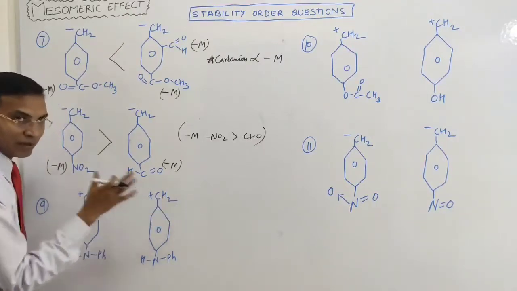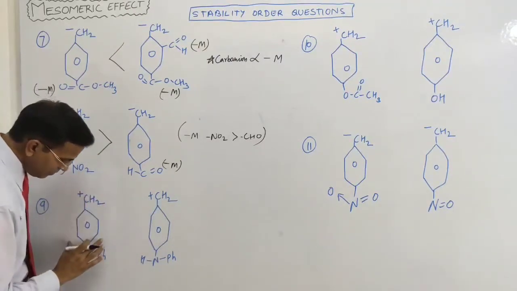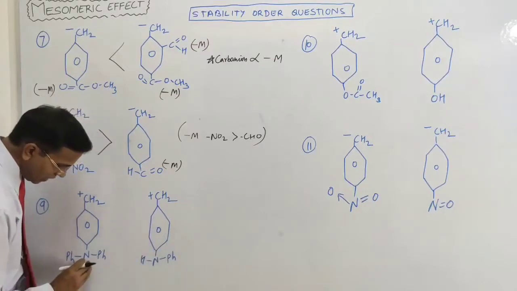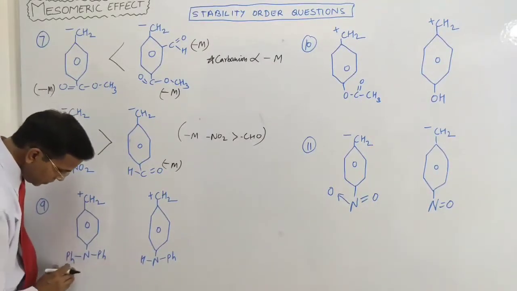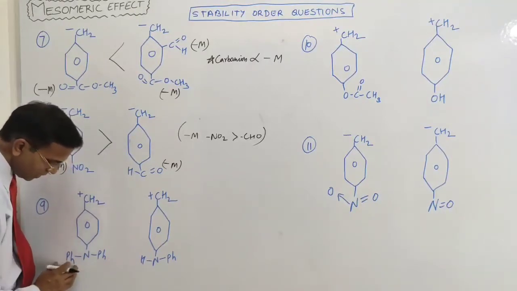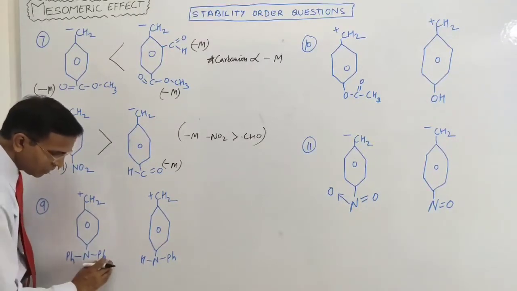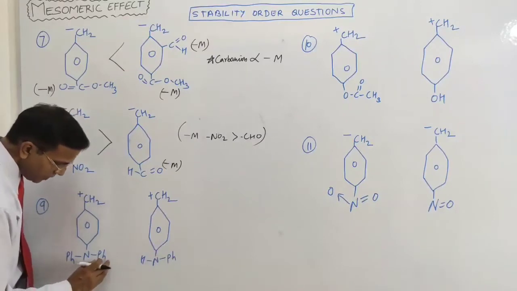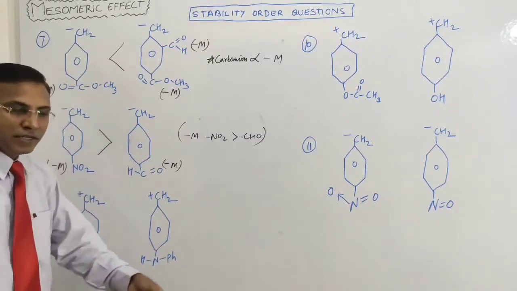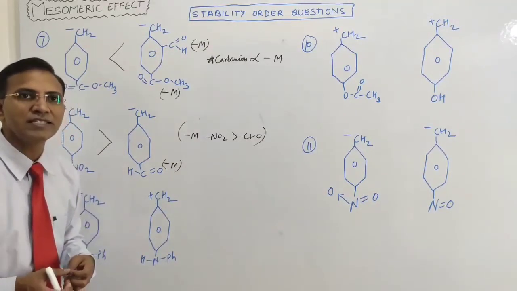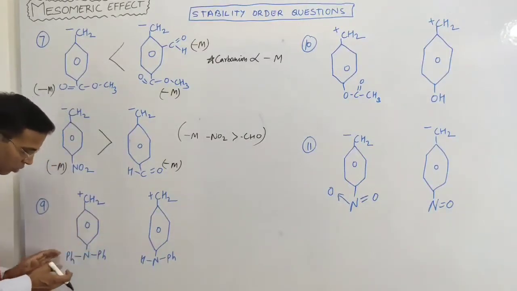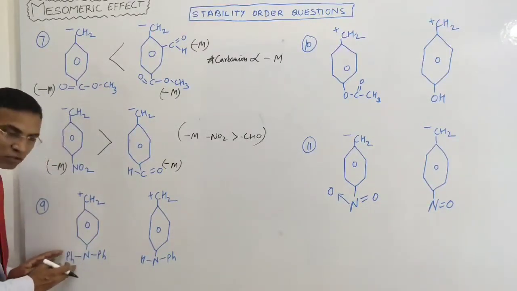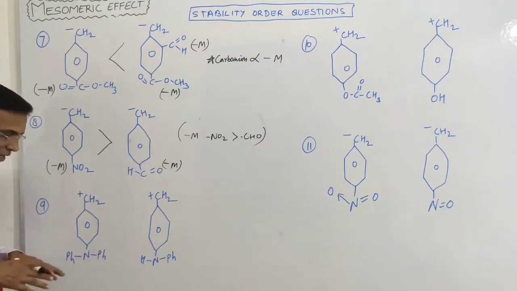Here carbocation this time. So carbocation and benzene is substituted with phenyl groups, right? So two phenyl groups are there in one, and one phenyl group in the other. Phenyl groups withdraw the electron density from the atom attached, because they delocalize the electron within the benzene ring.